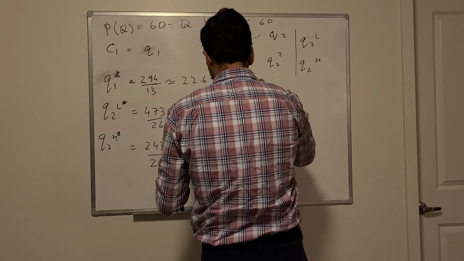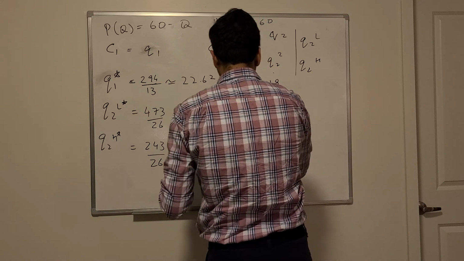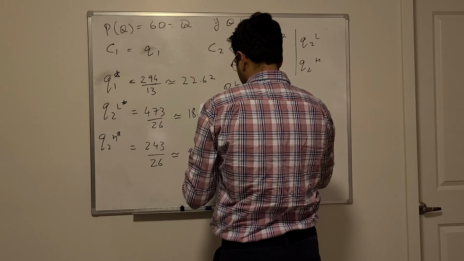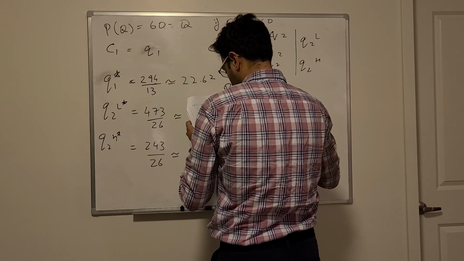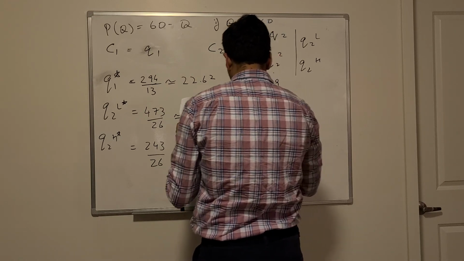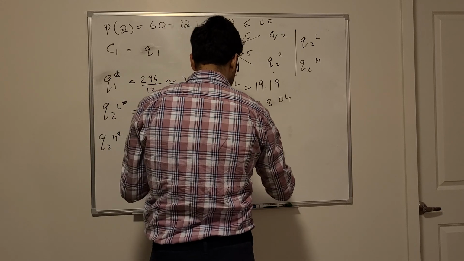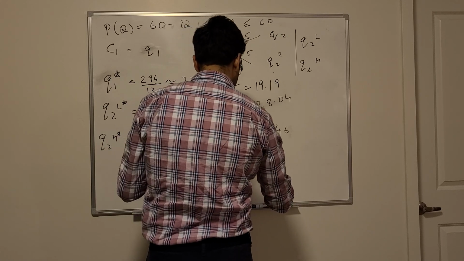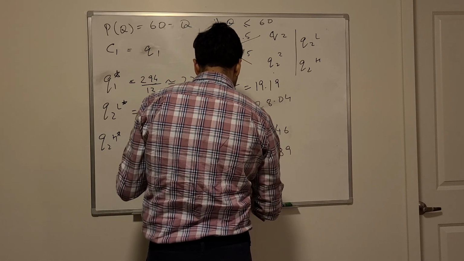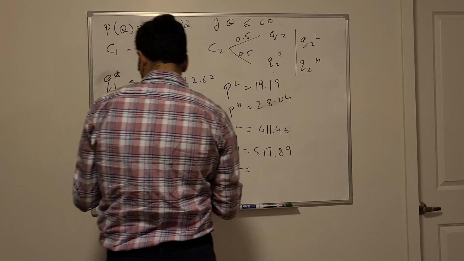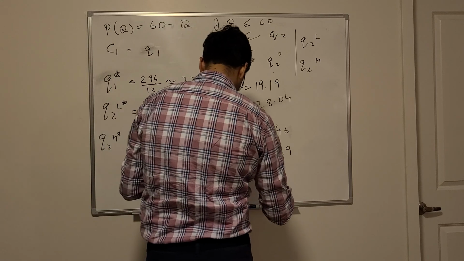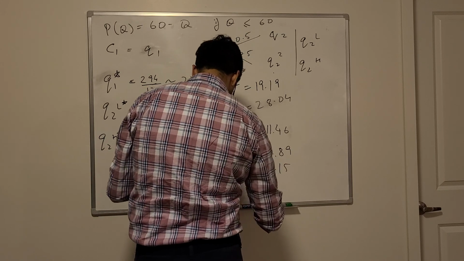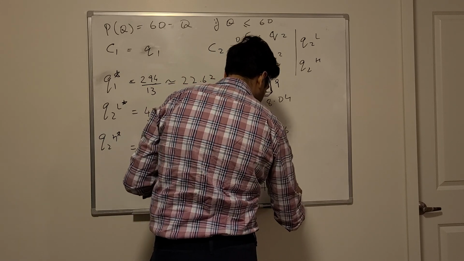P in the L state equals 19.19, P in the H state equals 28.04, pi 1L equals 411.46, pi 1H equals 517.89, pi 2L equals 349.15, and pi 2H equals 174.72.